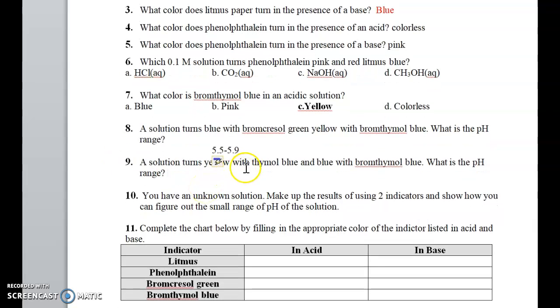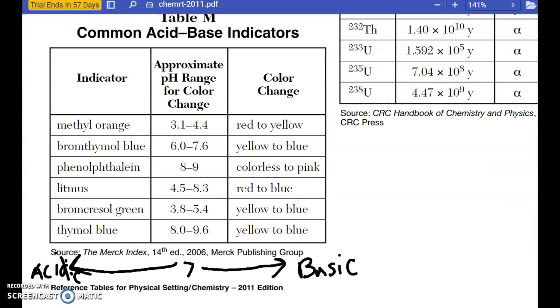A solution turns yellow with thymol blue and blue with bromothymol blue. Let's first find yellow with thymol blue. Thymol blue is here. If it's yellow, it's under a pH of 8.